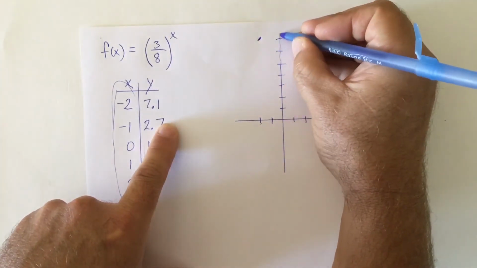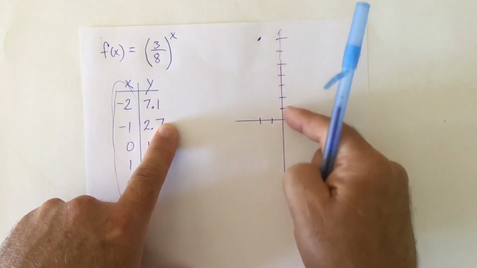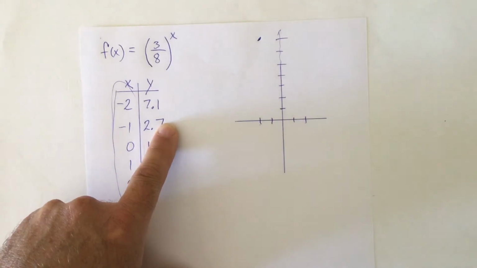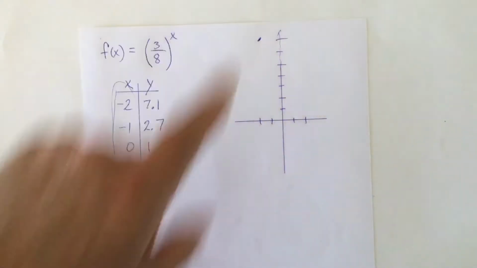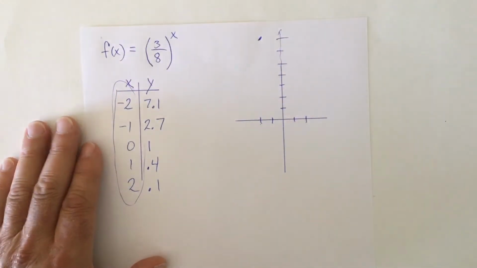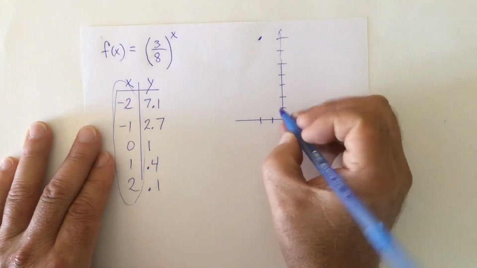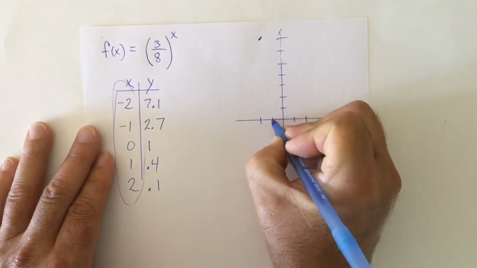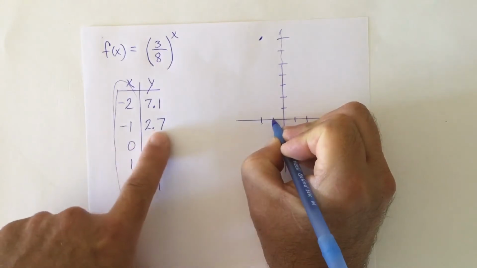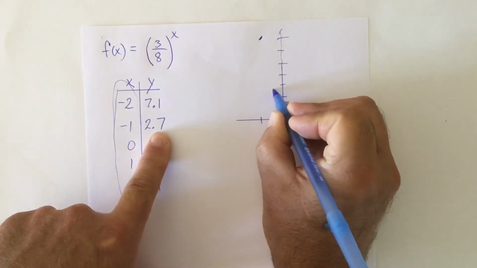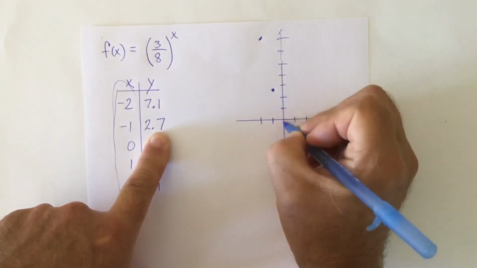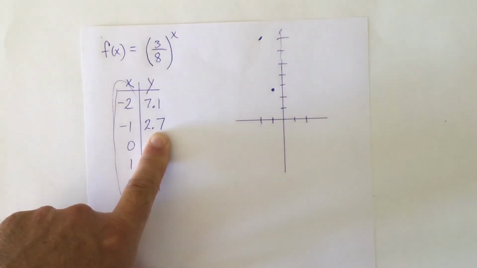If you have to make more than 10 dashes, please don't. You can just estimate and tell me it's going really big time over there. That's okay. When you are showing your work, like here, I plugged in -1, I got out 2.7. You don't have to make it perfectly; I'm going to count by tenths.